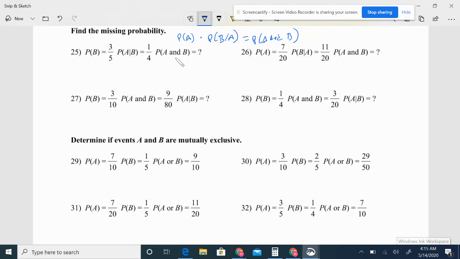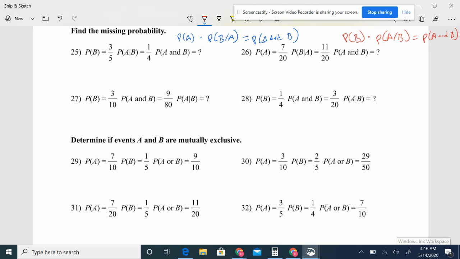Now, what if I have something like 25? I'm going to use a different color for my other formula. What if I have probability of B? So in that case, I'm going to say probability of B times probability of A not B is equal to probability of A and B.